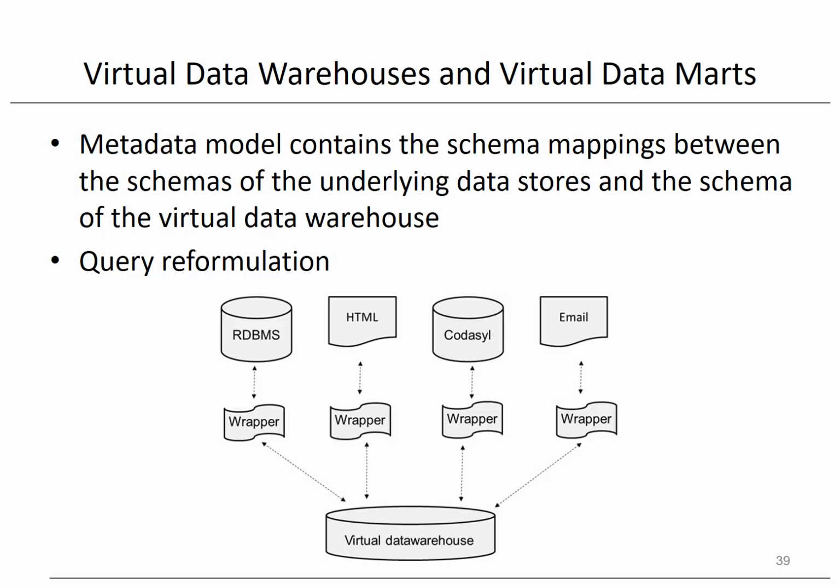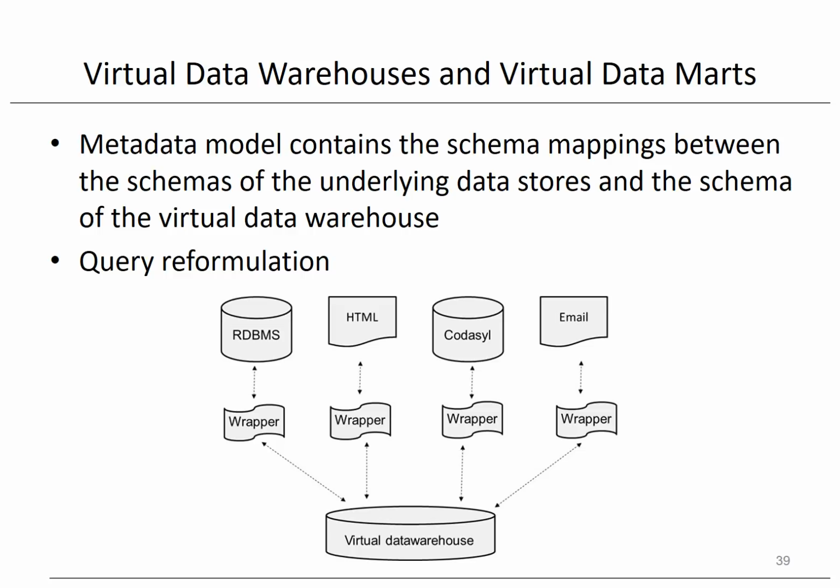A virtual data warehouse should provide a uniform and consistent metadata model and data manipulation language, such as SQL. The metadata model contains the schema mappings between the schemas of the underlying data stores and the schema of the virtual data warehouse. Queries are then reformulated and decomposed using these schema mappings on the fly, whereby the underlying data is fetched and consolidated on demand.